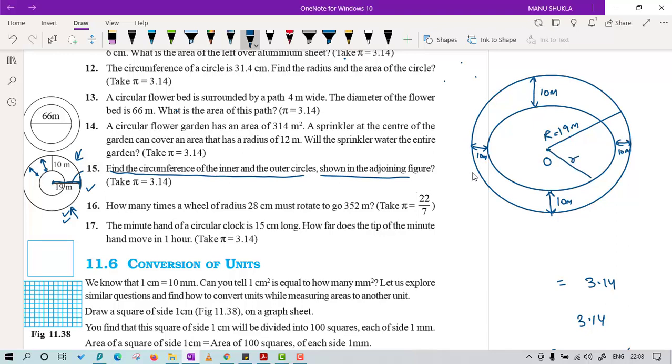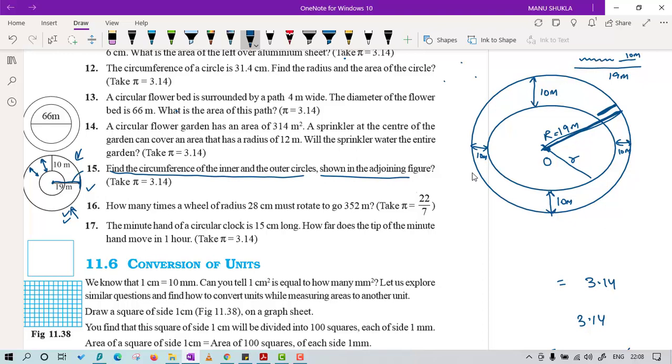Class, you have to observe, if the complete line is showing you 19 meters and this much is 10 meters, can't we say that 19, the complete length, minus this 10 meters will give us the remaining thing, that is the small r.